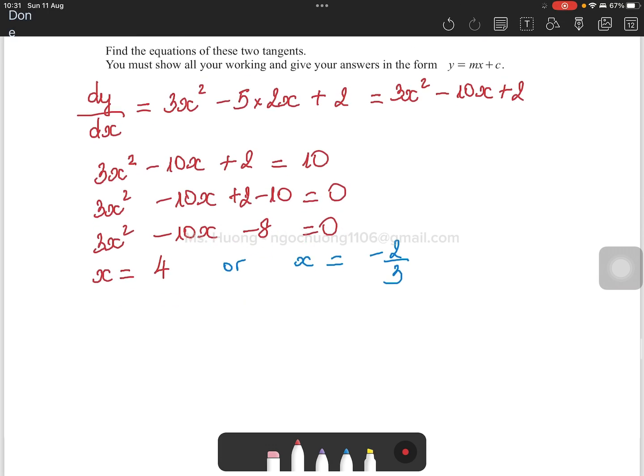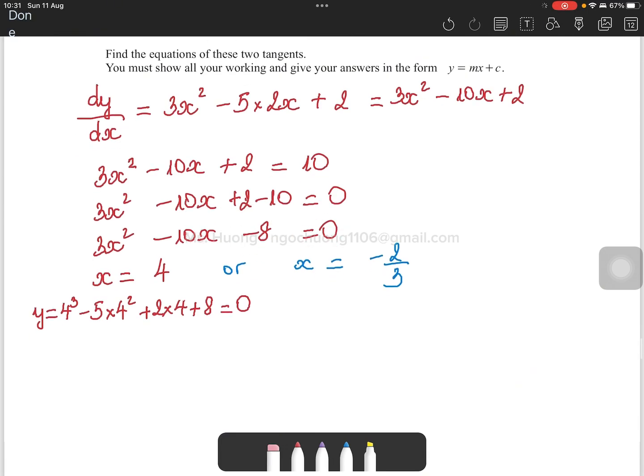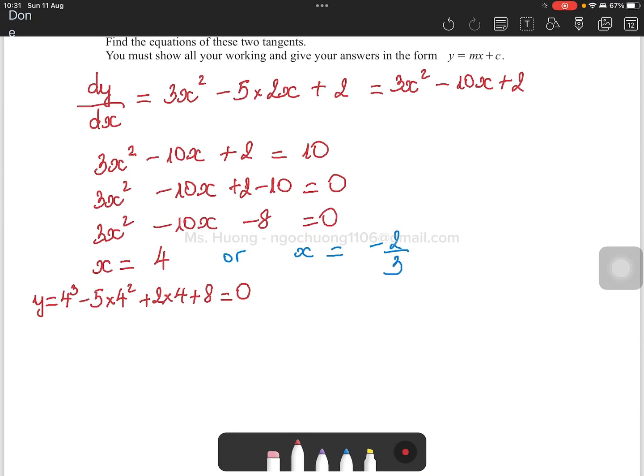And then we need to find the equation of this tangent. You know that this tangent has a gradient of 10, and that the tangent passes through the point (4, 0). So we will use these two to find the equation of the tangent.